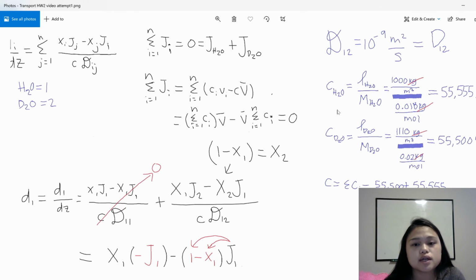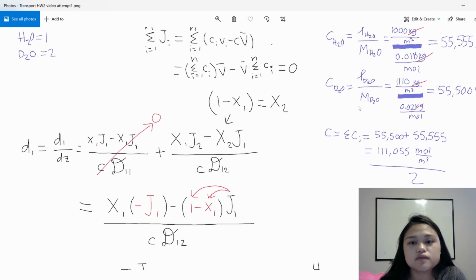So I'm also going to calculate the total molar concentration using the same concept with mass concentration and molecular weight. Going from mass to moles is the reverse, so we're going to take the mass divided by the molecular weight to get the moles. I showed that here, and you can see that the units cancel out, and you get 55,555 moles per meter cubed for the molar concentration of H2O.